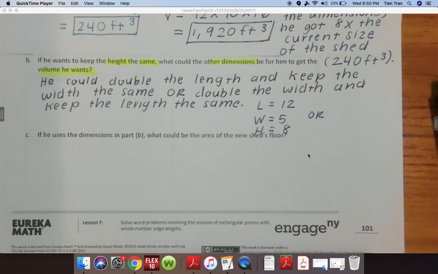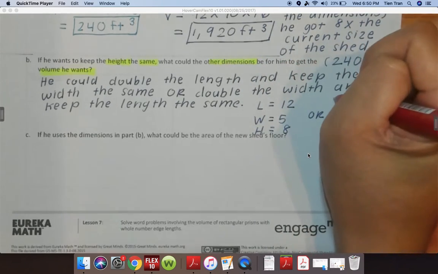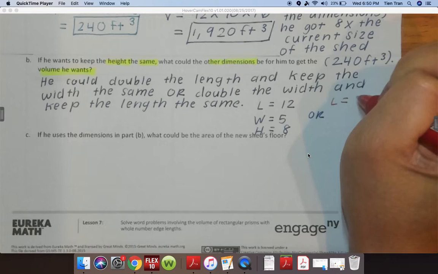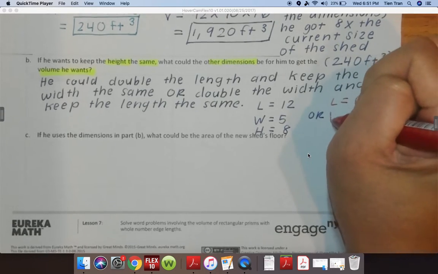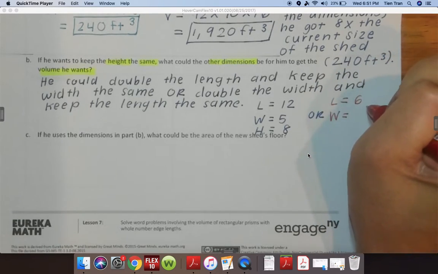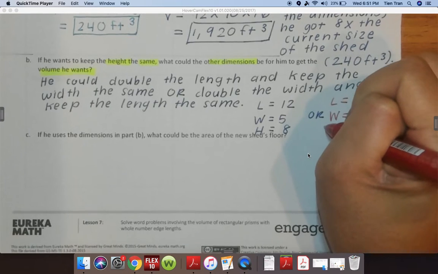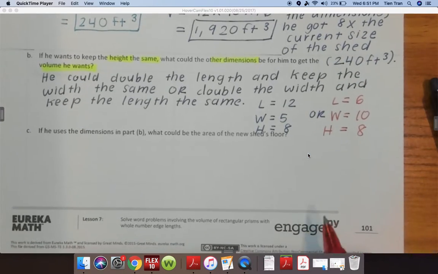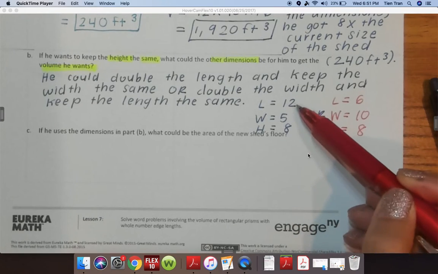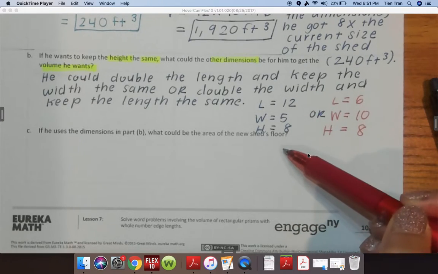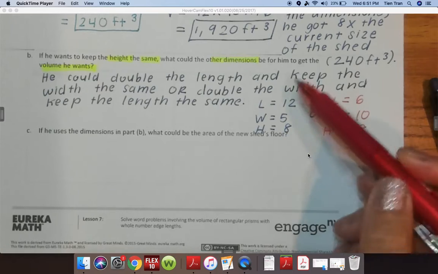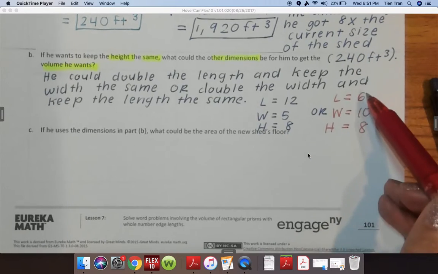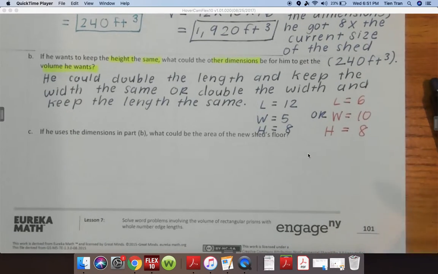Or he could do the length is equal to 6 feet, the width is equal to 10 feet, and the height is equal to 8 feet. And the reason being is if you were to multiply 12 times 5 times 8, you're going to get the same double dimension. Or if you were to multiply 6 times 10 times 8, you would get the same dimension.